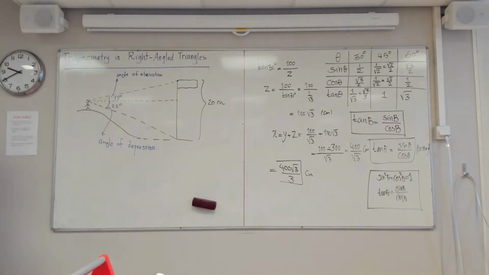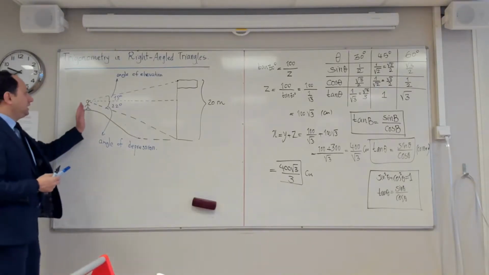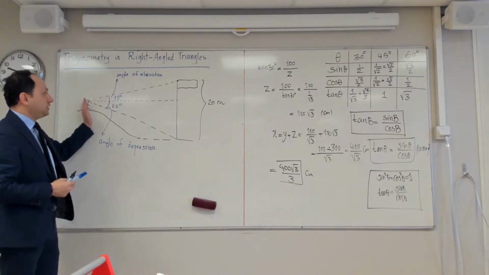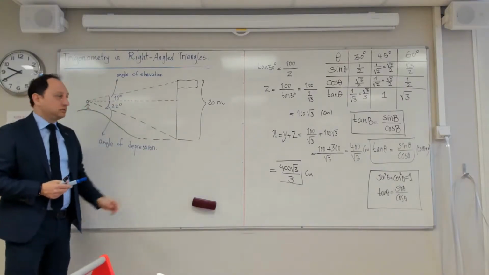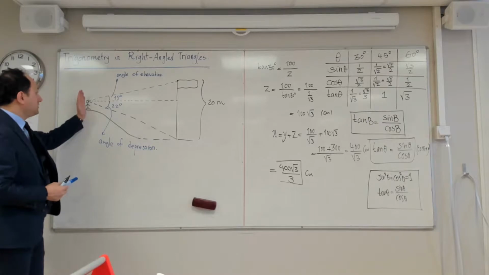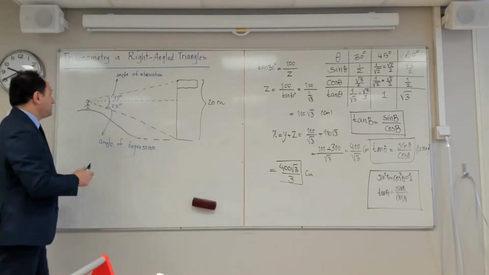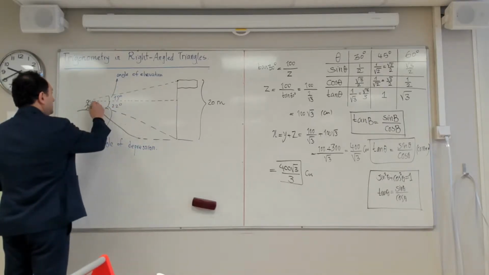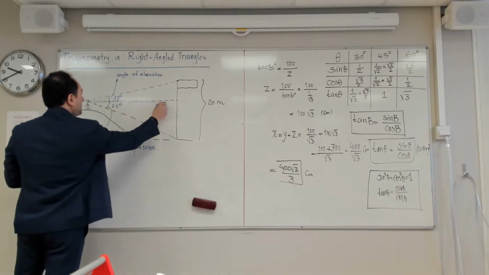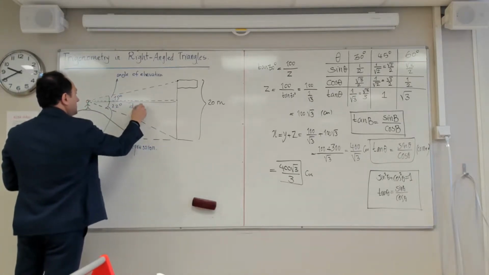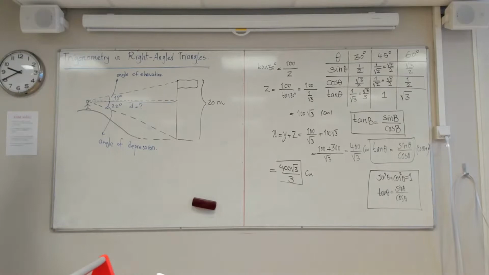Okay, and then you are supposed to calculate the distance between this person and the flagpole. So you want to find the distance from this person to here, so it means that this is wanted. If I can show it here for you, for example, this distance is wanted. So you are supposed to calculate this distance from this information.